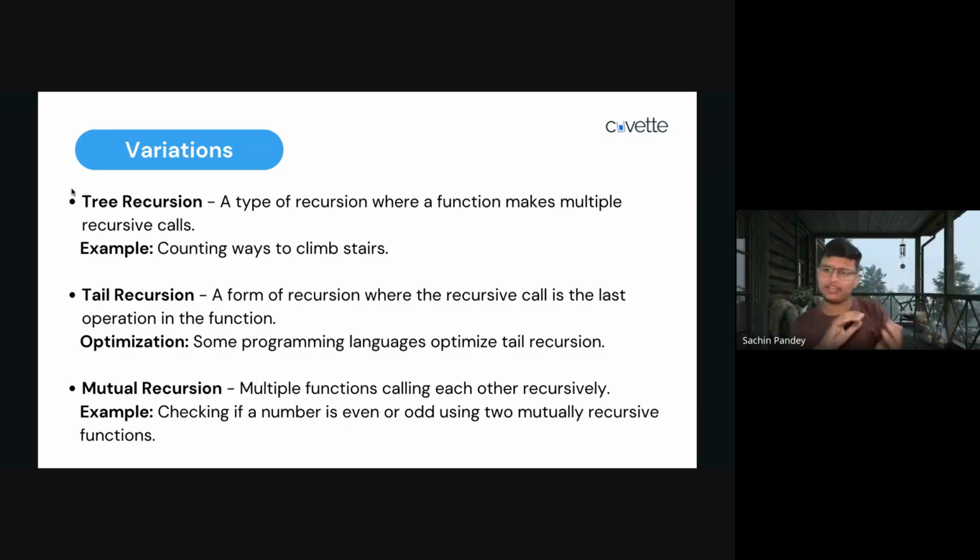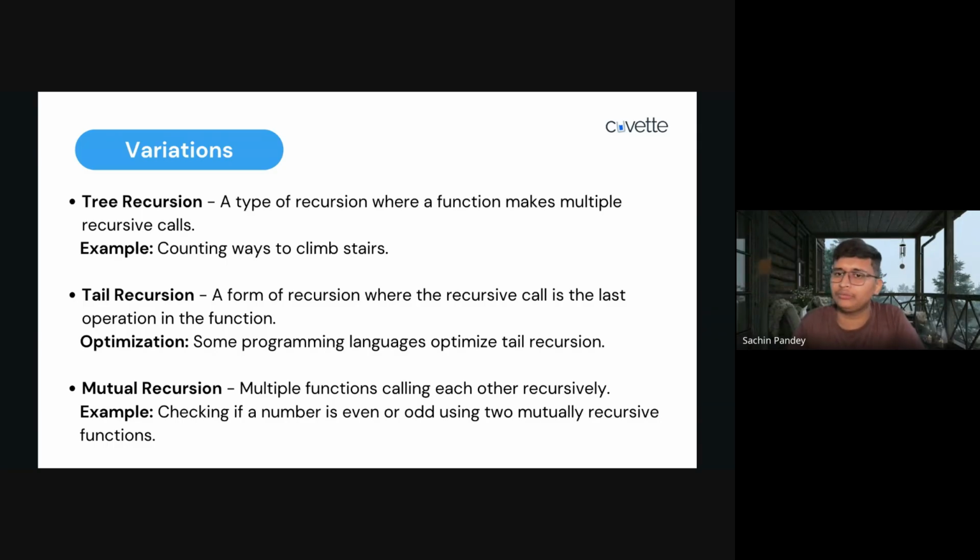See, all these definitions are very standard, but a lot of things might change according to the question, so you don't need to be concrete enough. What you can do is grasp the concept, theoretical, apply on problems, practice more and more, and then you can see the variations of tail recursion also. So nothing is concrete. You just have to apply according to what the problem is asking for. Okay, so that is tail recursion.